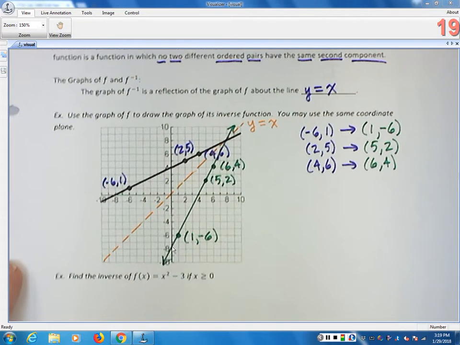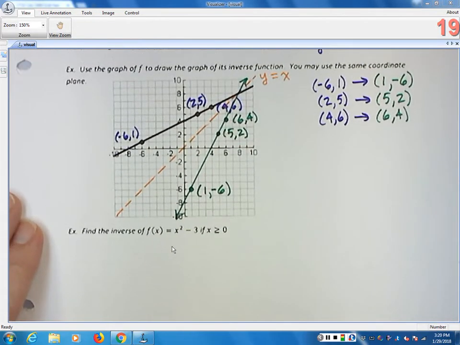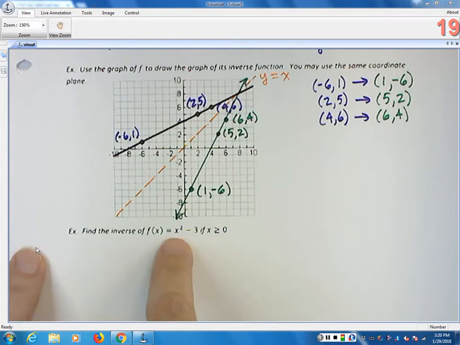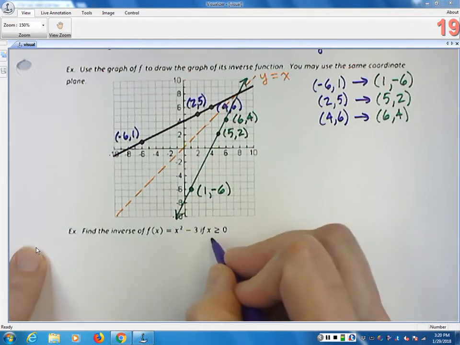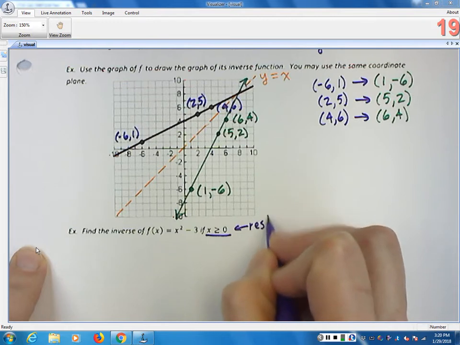Okay. All right, another example is if we've got, find the inverse. This function actually would not have an inverse, except we're going to restrict the domain so that it will have an inverse.